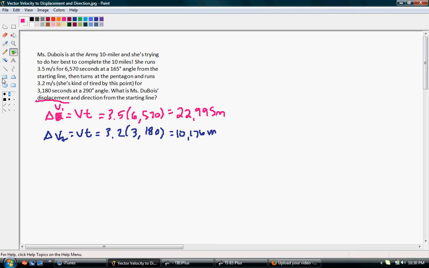Alright, so let's draw a little picture of what's going on. We have this 22,995 meters, and it is at a 165 degree angle. We know that 165 degrees is past 90 degrees, but not quite to 180, so we're going off in the second quadrant, probably a little closer to 180.